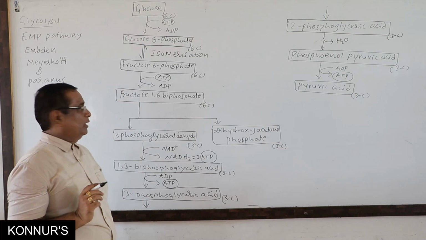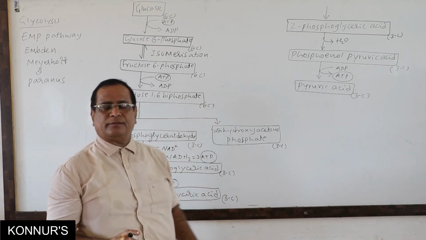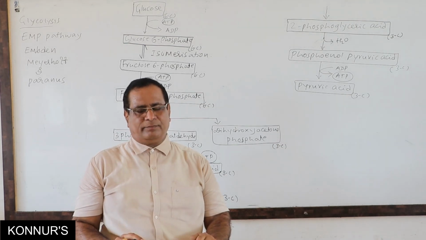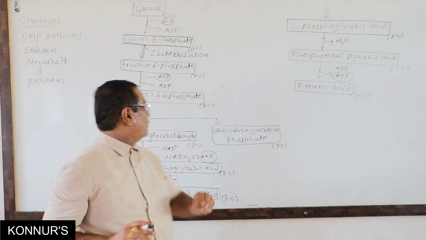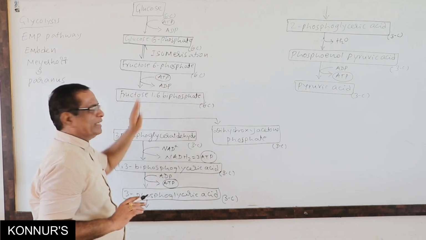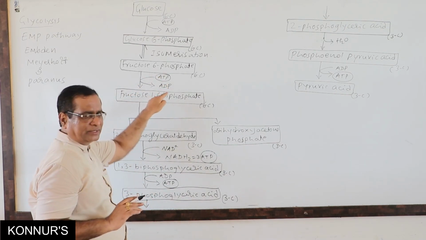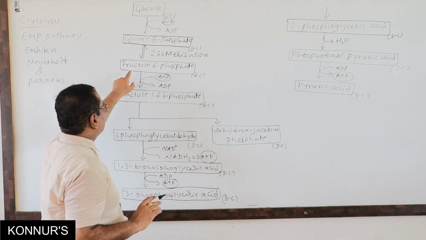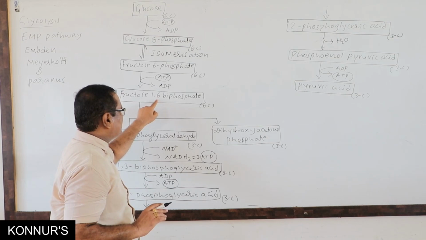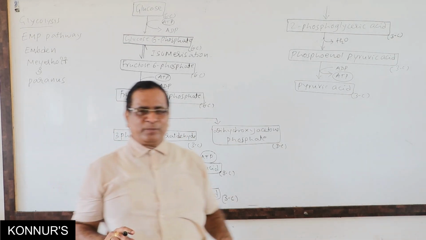And now this fructose 6-phosphate gets energy from one more ATP. When it gets energy, it gets a phosphate from ATP as well. That's why ATP becomes ADP. Now this fructose 6-phosphate becomes fructose 1,6-bisphosphate.